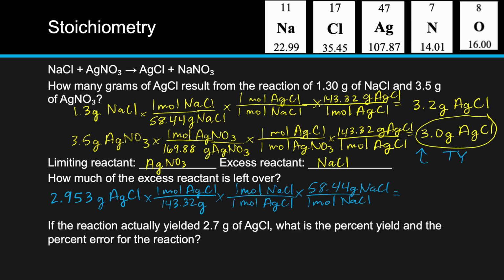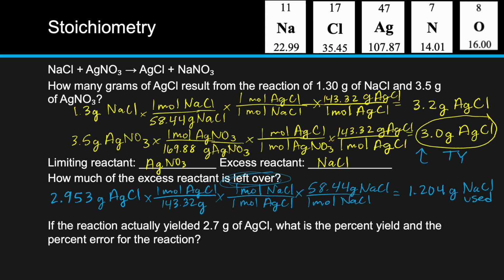So now let's do that math. So divided by 143.32, then multiplied by 58.44. That's going to give me 1.204, because we're not done, grams of NaCl used. What is the question asking? How much is left over?